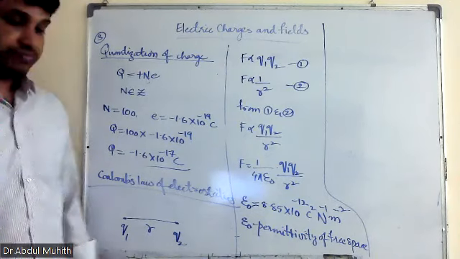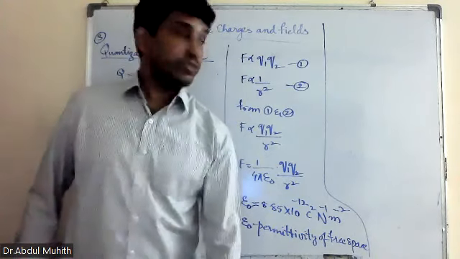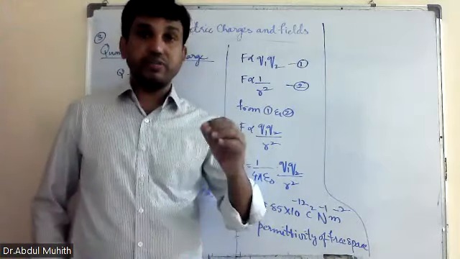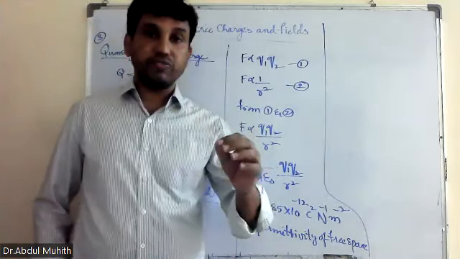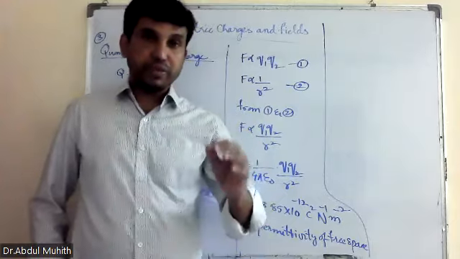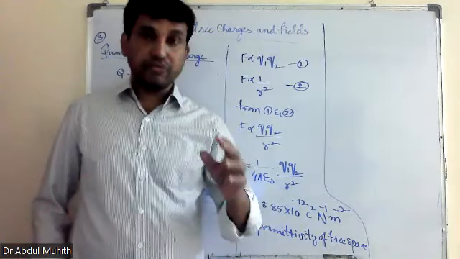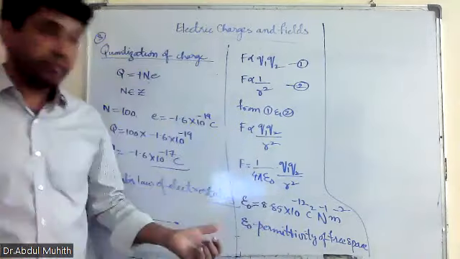So what is that permittivity of free space? It is a property of the medium which allows the electric lines of forces to pass through it. That is said to be permittivity of free space.